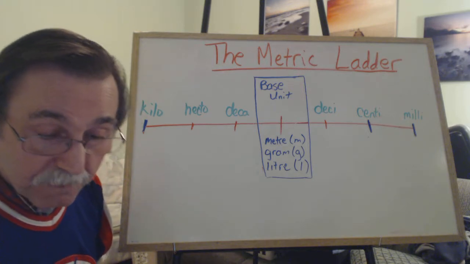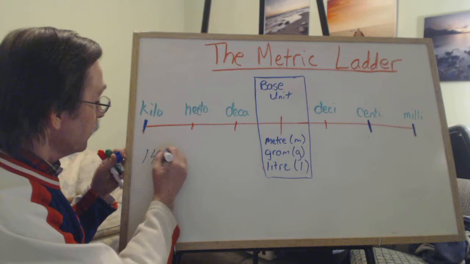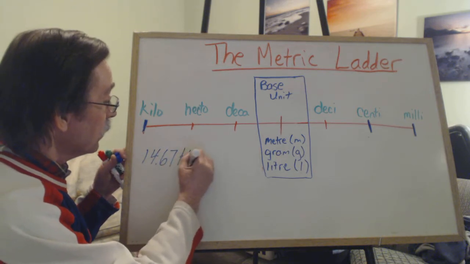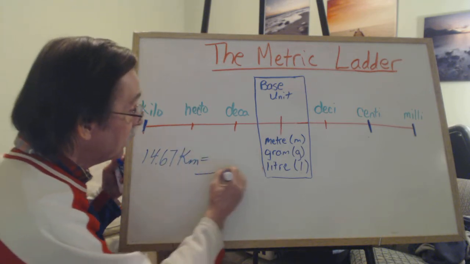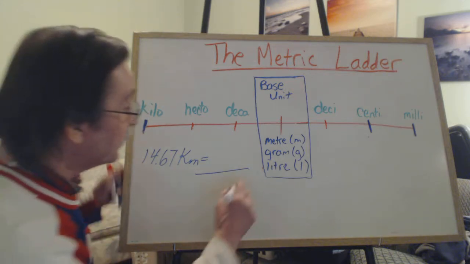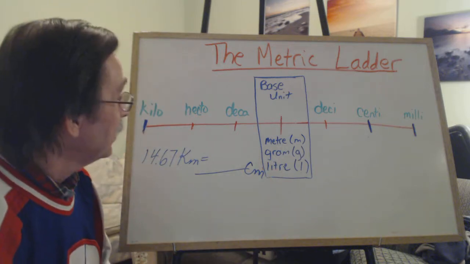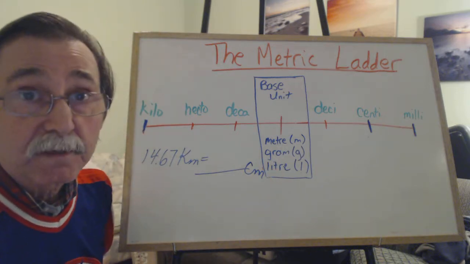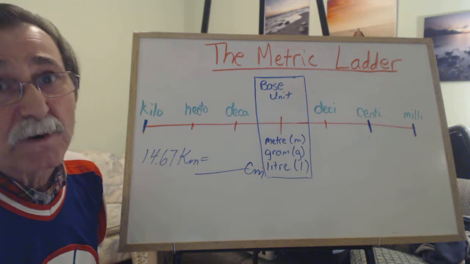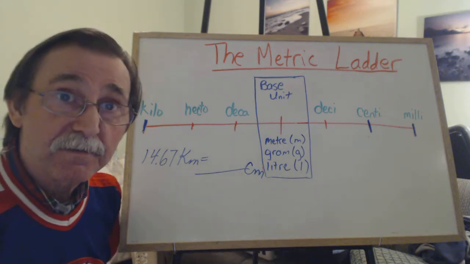I sure hope I'm not making any mistakes here. So let's see, 14.67 kilometers is equal to, let's see, what unit are we going to? Centimeters. And I know, where are we going to use this in real life? Well, not necessarily anywhere yet, but you need to know how to make one unit into the other.